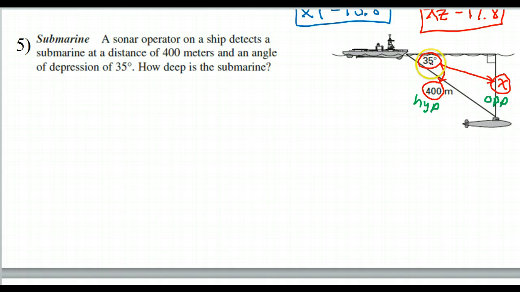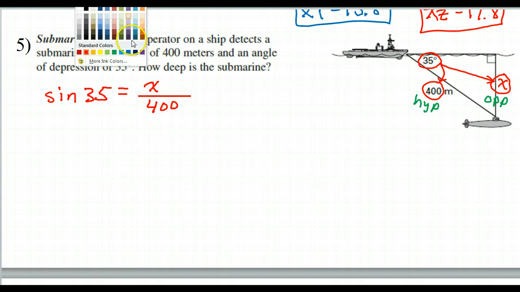Alright, so from the 35, we've got opposite and hypotenuse. What function is that? Well, that is the sine function. So we should be setting that up. So sine of 35 degrees is equal to opposite over hypotenuse. So x over 400.